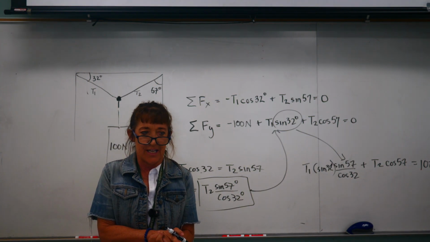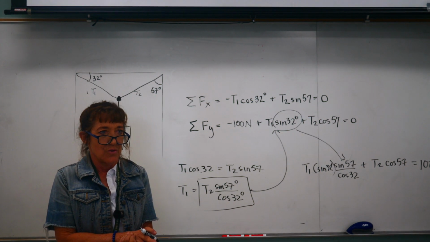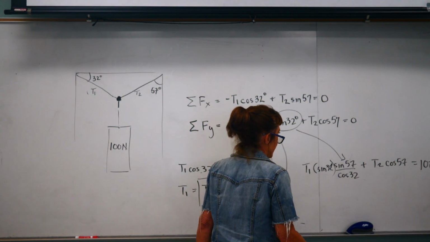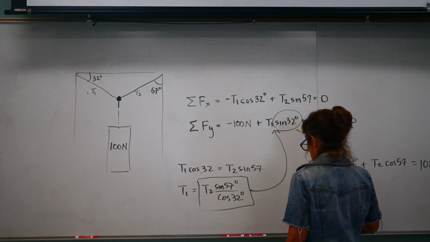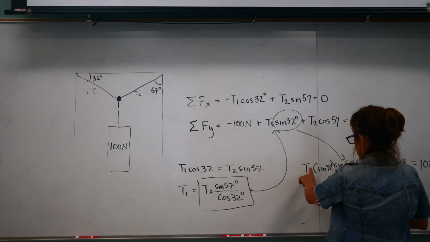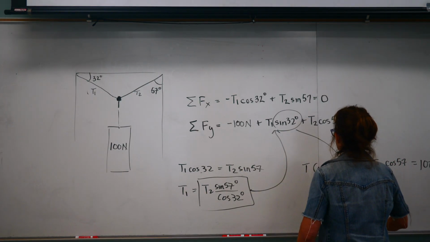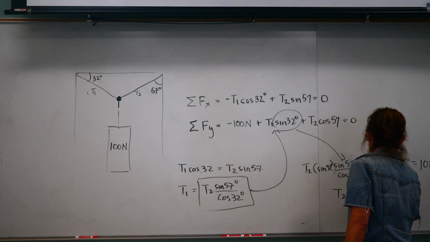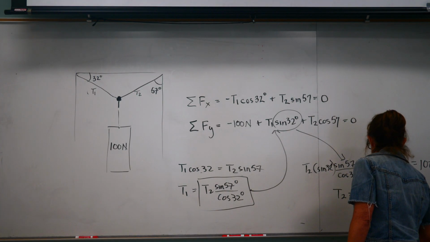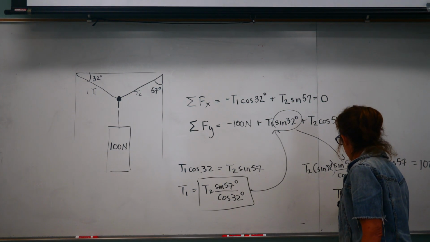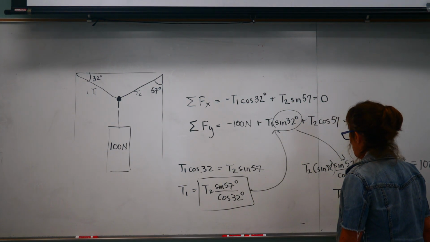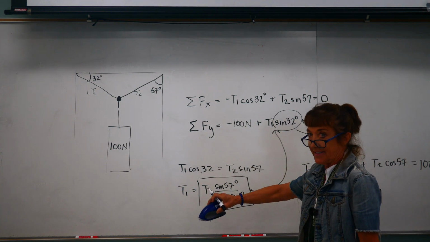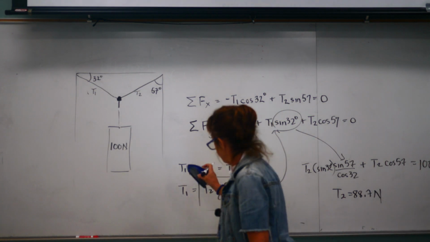Okay, anybody have that? 88.7. So, oh, wait a minute. This should be T2, right? Yeah. T2 equals 88.7 newtons. And then I just pop that value here. Can I erase some of this? Yeah, good.